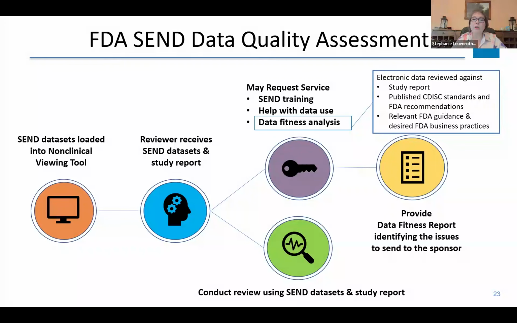They're also able to look at what we call data fitness analysis. That's really just cross-checking the SEND data set against the specific rules, so that if something isn't loading properly, they can pinpoint that, and that information can go back to the sponsor to say, we know exactly how you need to fix your data set, and then resubmit it to us. So again, there's a lot that's going on once SEND hits the agency and once the reviewer has it in hand.